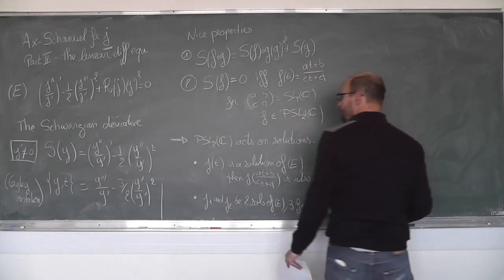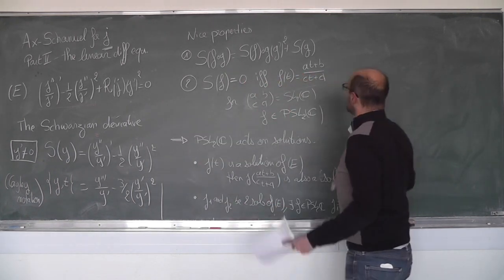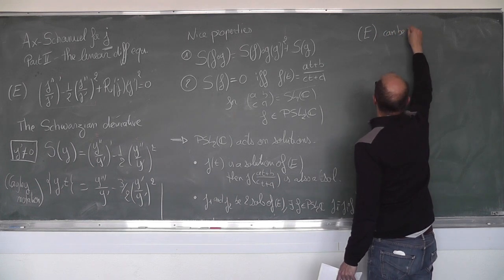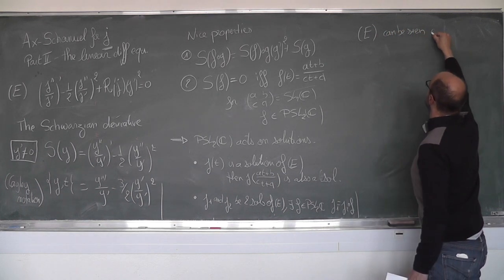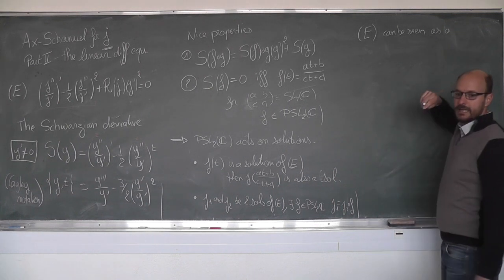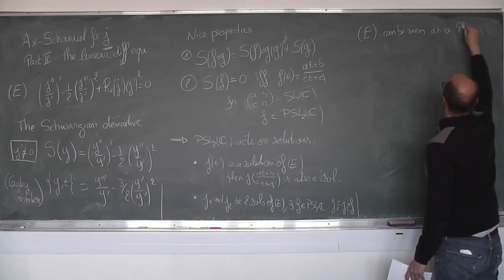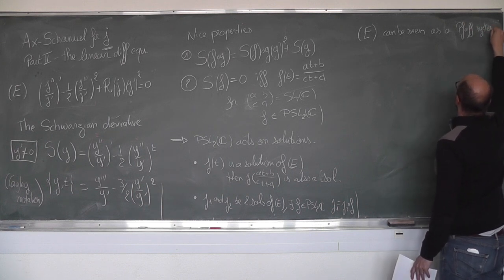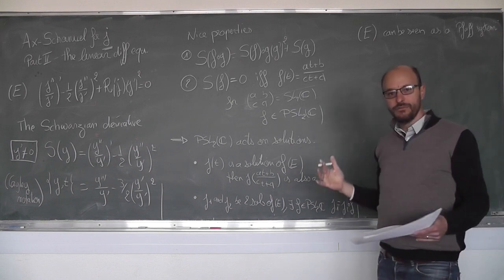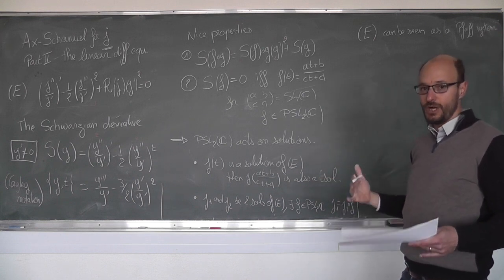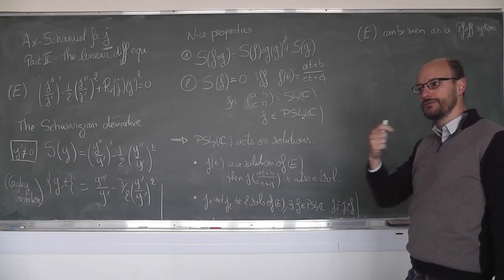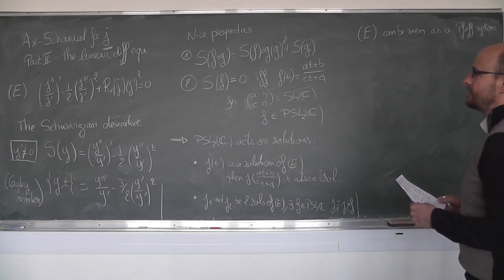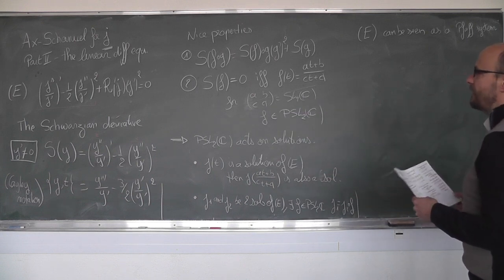The equation we are interested in, this E, can be seen as what I called last time a Pfaff system, meaning a system of one-forms on an algebraic variety whose integral curves, whose trajectories, are parameterized by the j function.